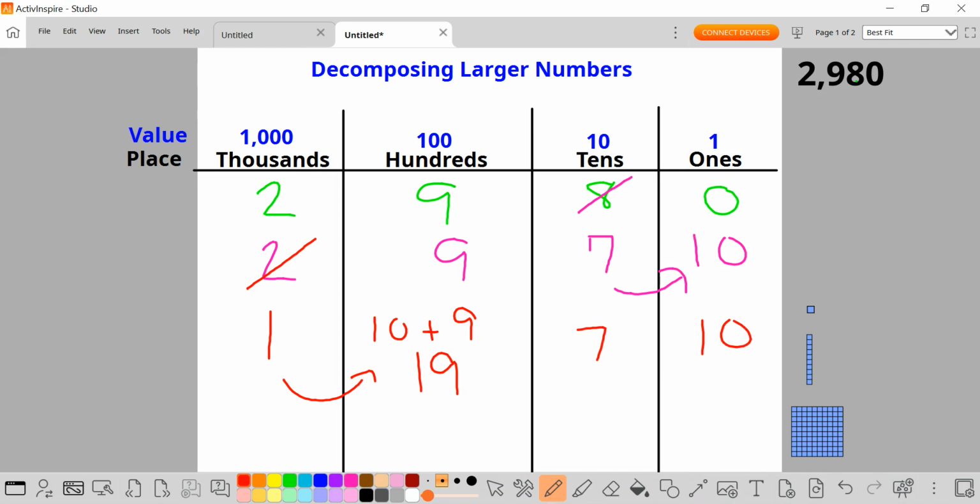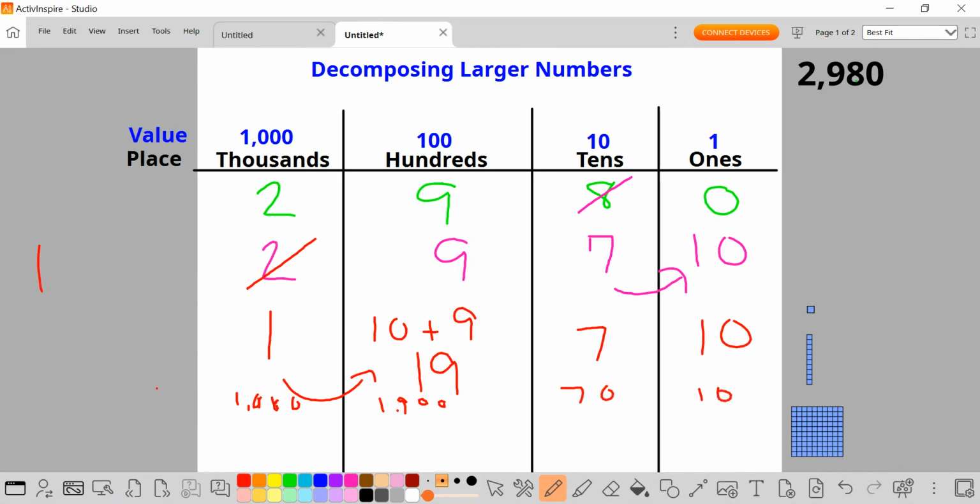But the value of my 1,000 is 1,000, right? Make those look like zeros. And then the value of 19 hundreds is 1,900. And then the value of this is 70. And the value of this is 10.